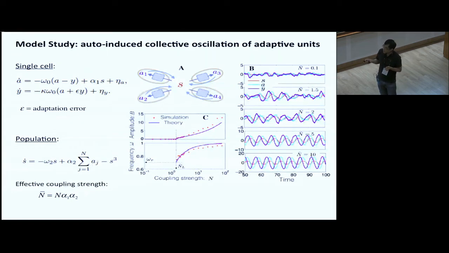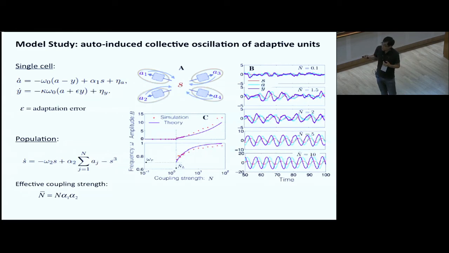Now, the cubic term, I didn't really explain, and we don't really know where it comes from, but it's needed if you want to explain that, experimentally, people observe that when the oscillation amplitude becomes stronger, the frequency also increases. So in our model, to see that happen, you have to include some cubic term in the description of the dynamics for the signal. There may be other ways of also getting this effect.